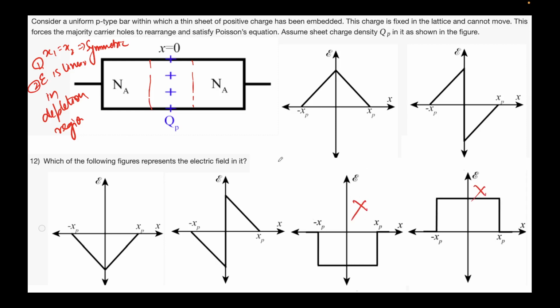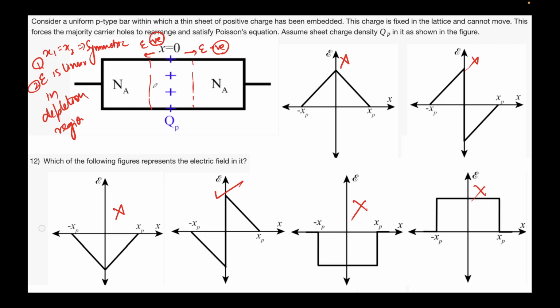E is flat here. Also, one more thing we notice is that E has to be positive here, in the positive direction, and here E has to be in the negative direction. So this is not correct, because on the right side E has to be in the positive direction. This cannot be correct, this cannot be correct, this is the only correct option. I'll reiterate: x1 equals x2 because the doping is the same on both sides, so it has to be symmetric, and all the options satisfy that.